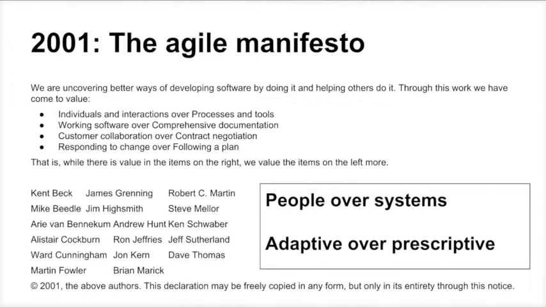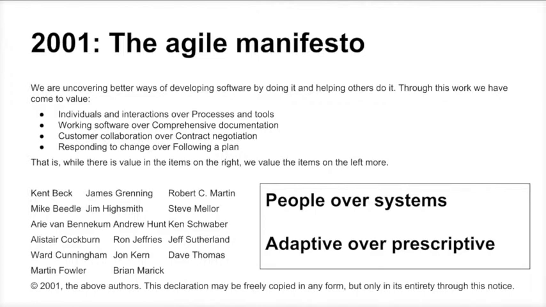They assert that they value the items on the left more. I agree with that. I think there's been lots of experience in the Agile world to support that, although I think quite often, the Agile approach can be misunderstood, in particular if people rely too much on mechanisms and not enough on the social aspect. But broadly speaking, I think this is good.